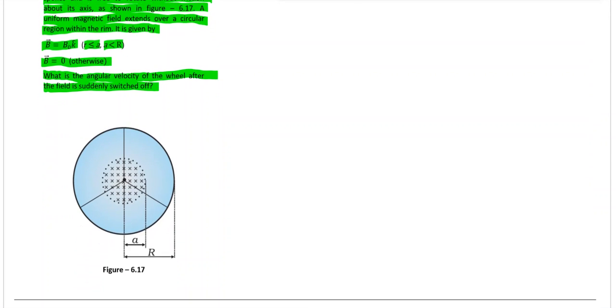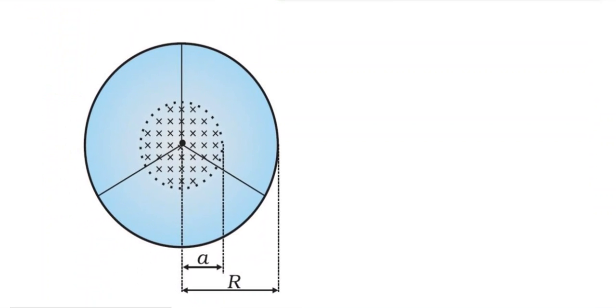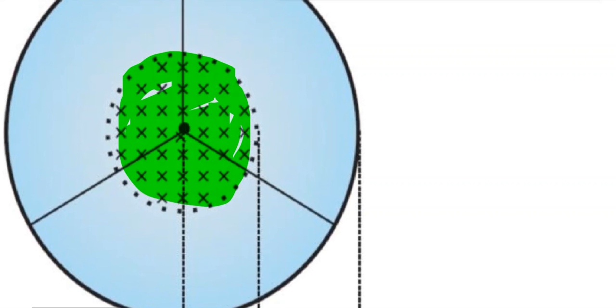So there is a wheel and the magnetic field extends only up to some distance, and that distance is small a. So if you choose any small distance, say r, within this part you have a magnetic field. But the moment you cross this boundary, there is no magnetic field.